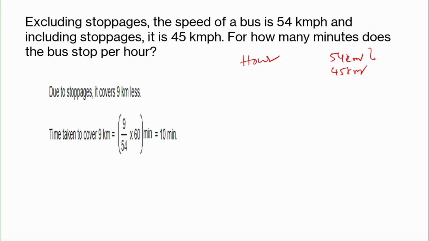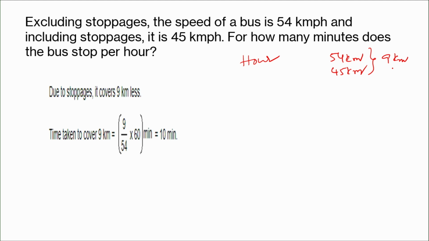So, the difference is 54 minus 45, that is 9 kilometers. Due to stoppages, the bus travels 9 kilometers less, correct?